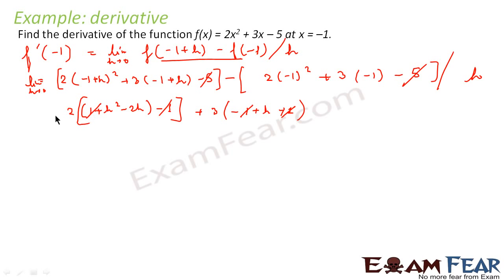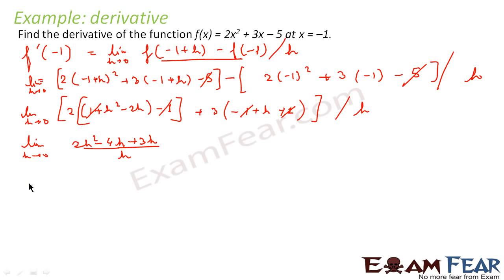So what we get here is, this also is limit h tends to 0, the whole thing divided by h. So what we get here is 2h square minus 4h plus 3h by h, limit h tends to 0, correct.